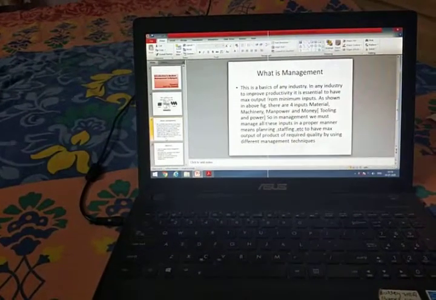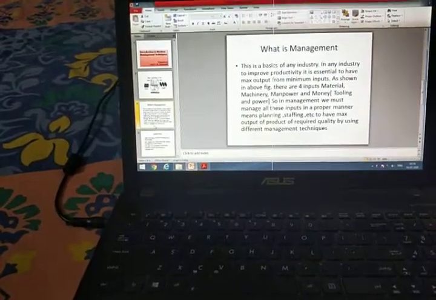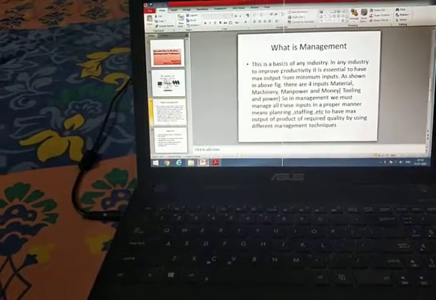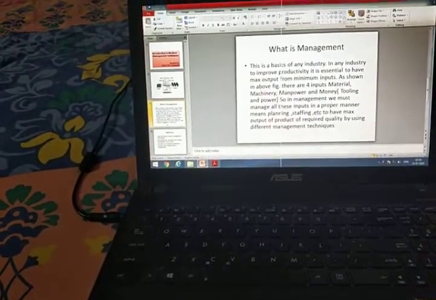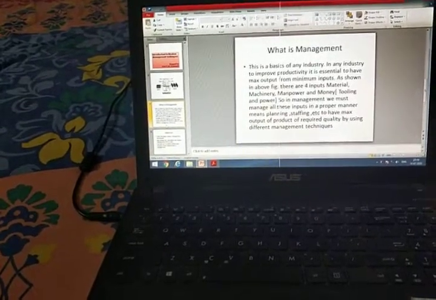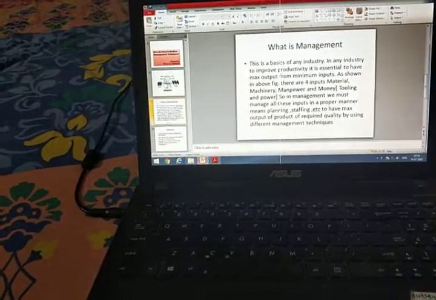Money means tooling and power. In management, we must manage all these inputs in a proper manner, means planning, staffing, etc., to have maximum output of product of required quality by using different management techniques.